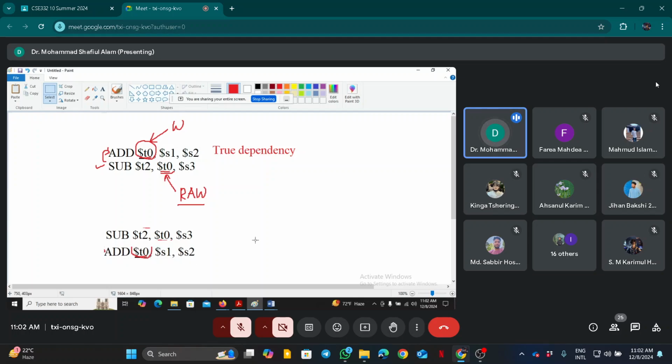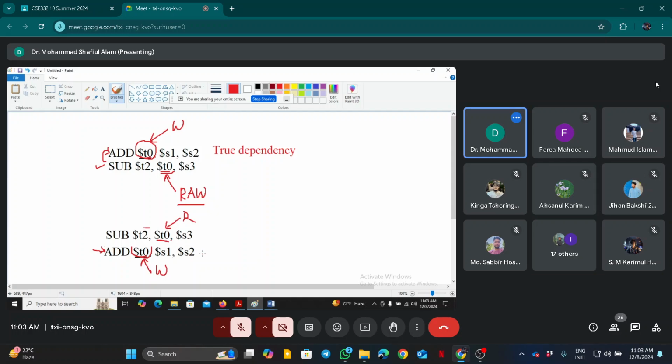Now look at this pair of instructions. What do we do here? We just read. We just read, right? And what do we do here? We just write. So if it happens so, the same register is being read in one instruction, and in the succeeding instruction, we save the result to the same register.